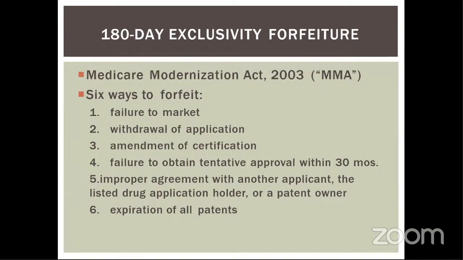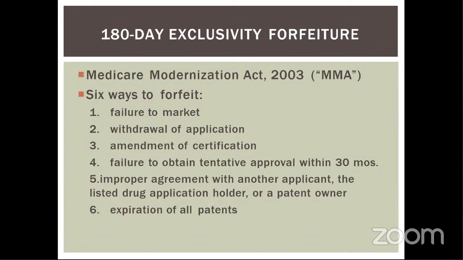Next, 180 days exclusivity forfeiture. That is the Medicare Modernization Act, also known as MMA, which was passed in 2003. 6 ways to forfeit. First one is failure to market. Second one, withdrawal of application. Third, amendment of certification.